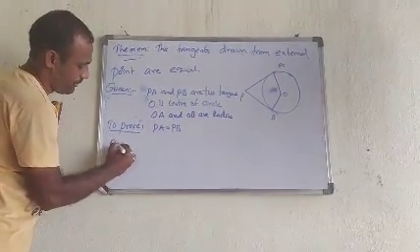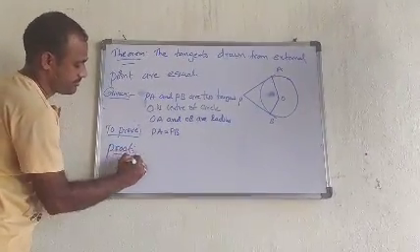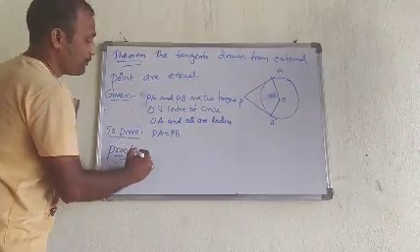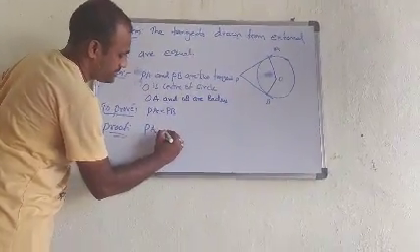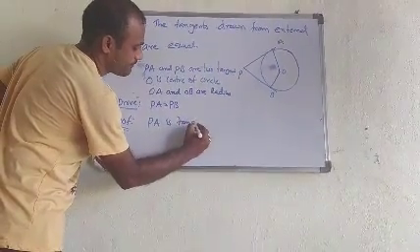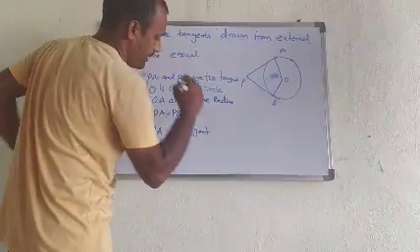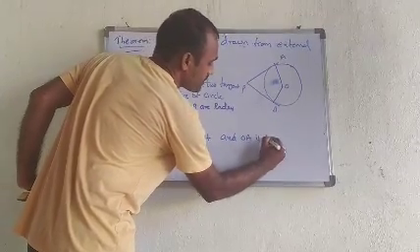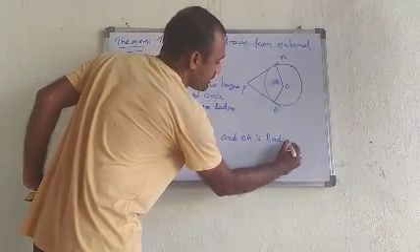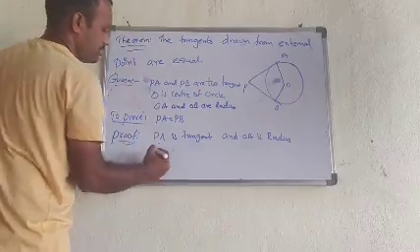So we'll start the proof here. PA is a tangent and OA is a radius.